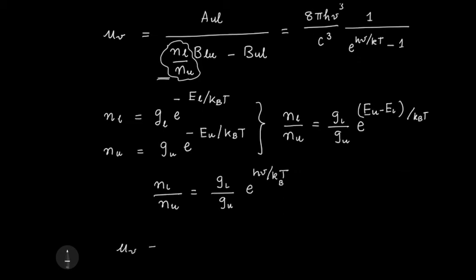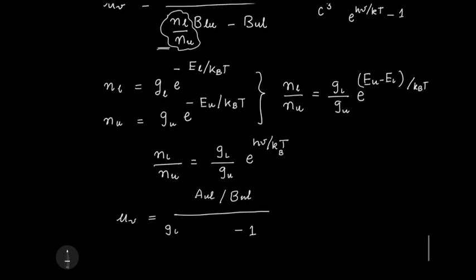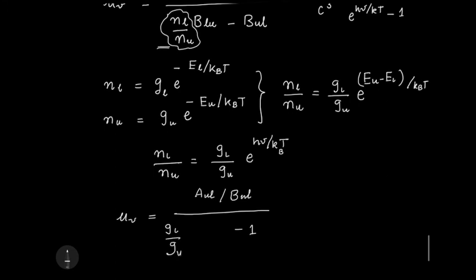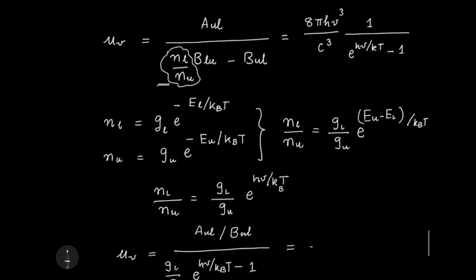So now that's what I will write for U nu over here. So let us do that. So U nu is AUL, and I divide that by BUL here. We'll see why. Divided by, this term becomes 1, and NL by NU becomes GL by GU e to the H nu by KT.